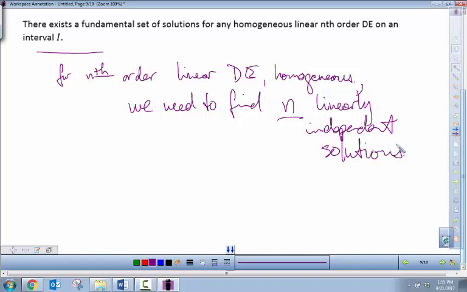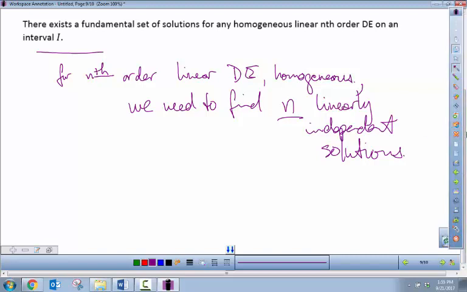So our key is to find n linearly independent solutions. If we have a second order differential equation, we need to look for two linearly independent solutions. And how to check for linear independence? We use the Wronskian.